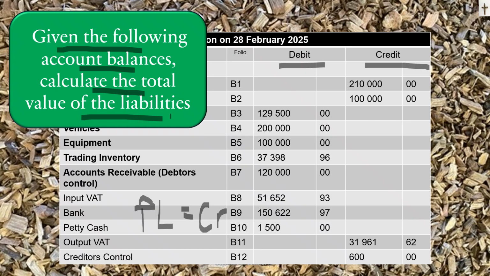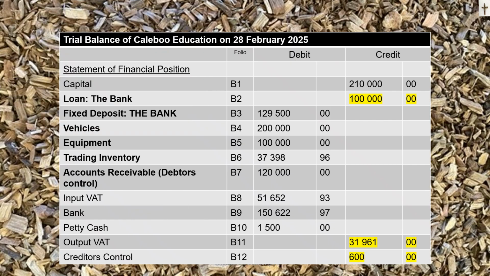Sometimes in a question, you're not going to be given a debit and a credit column. You could have one column with all the amounts. They want the total of all liabilities, non-current and current. And I highlighted the liabilities that are on this trial balance. There was a loan.